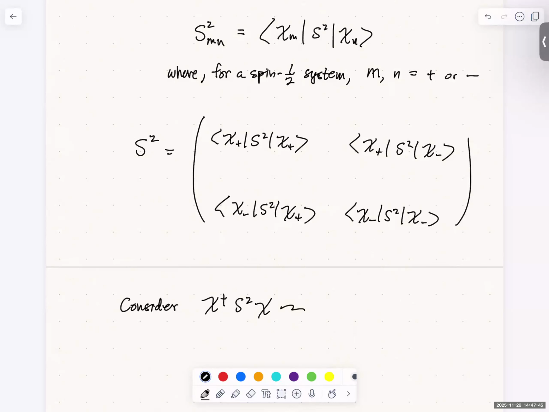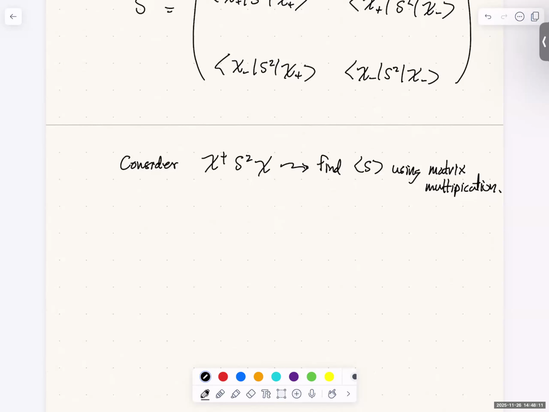That is, we're going to find the expectation value of S squared using matrix multiplication. We're not really getting away from evaluating inner products. We've just stored them inside this matrix. But let's go ahead and multiply this out.